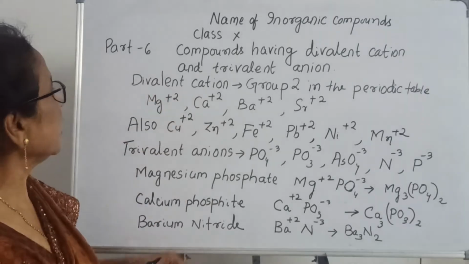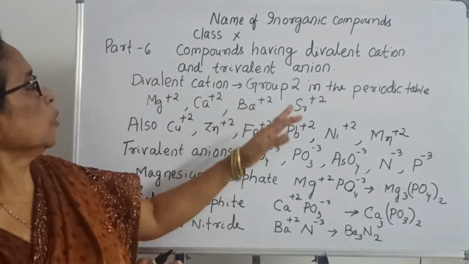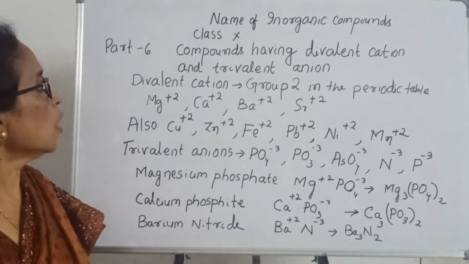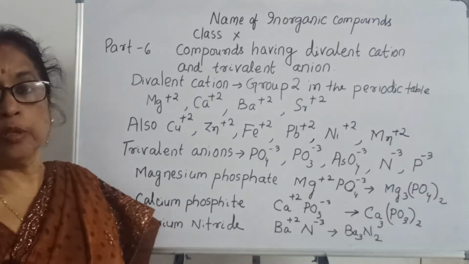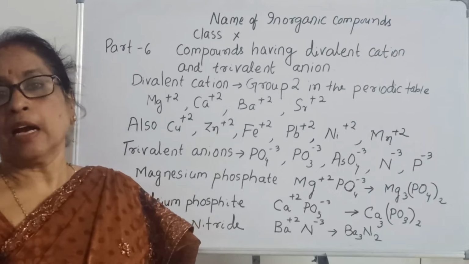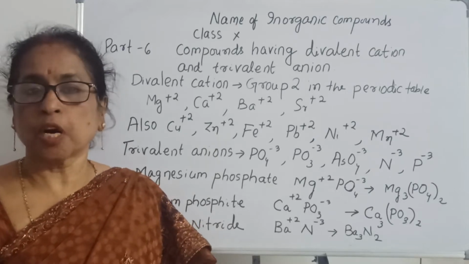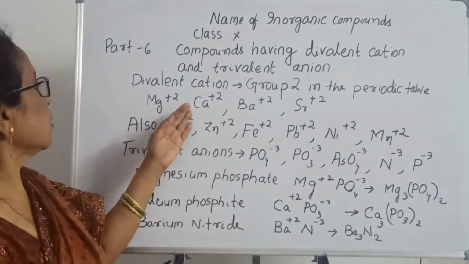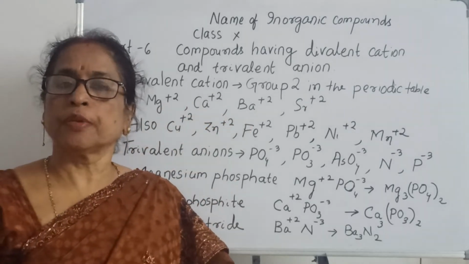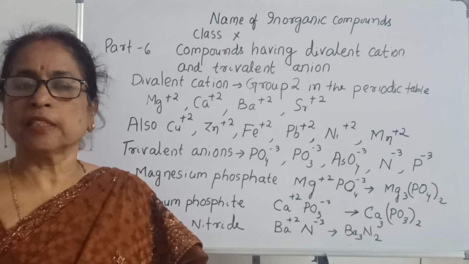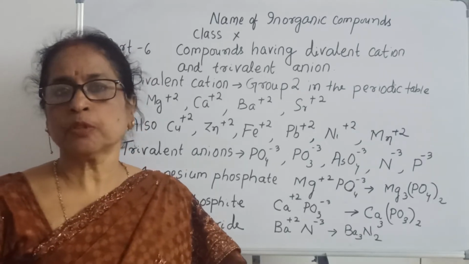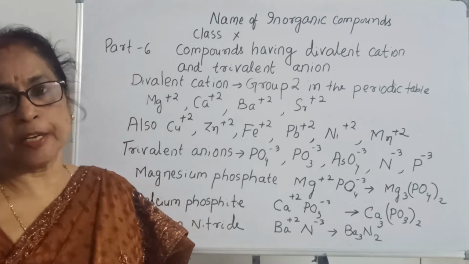Now, for the divalent cation, the elements present in group 2 of the periodic table form a +2 charge, that is a divalent cation. What are the elements in group 2? Magnesium, calcium, strontium, barium, radium.